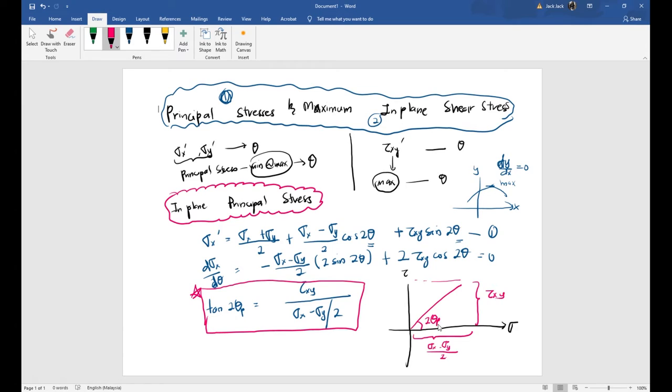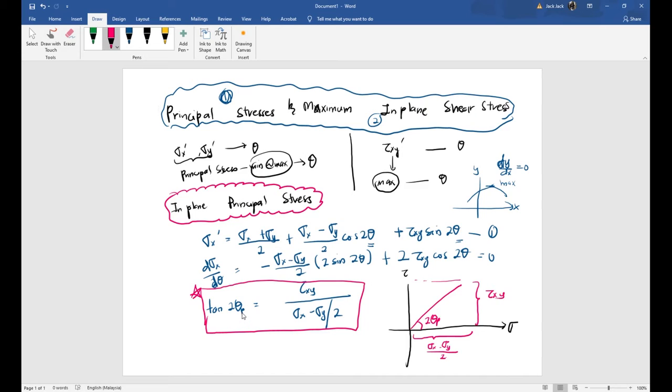Tangent 2 theta p is equal to tau xy divided by sigma x minus sigma y over 2. This is how we express the trigonometric properties of this equation. The most important part is that for this theta p, we are going to have two solutions.